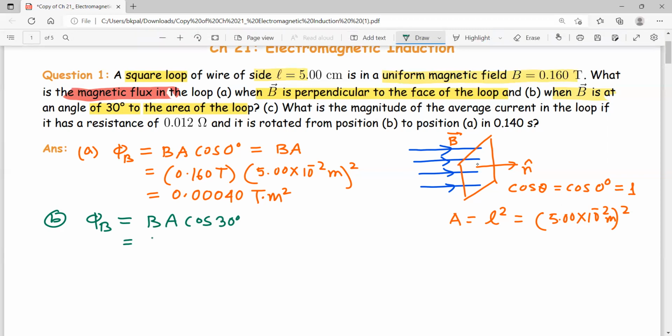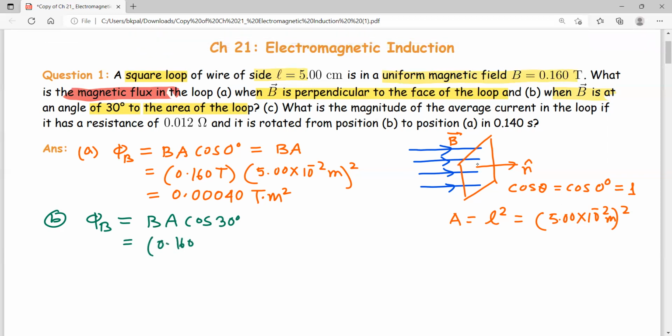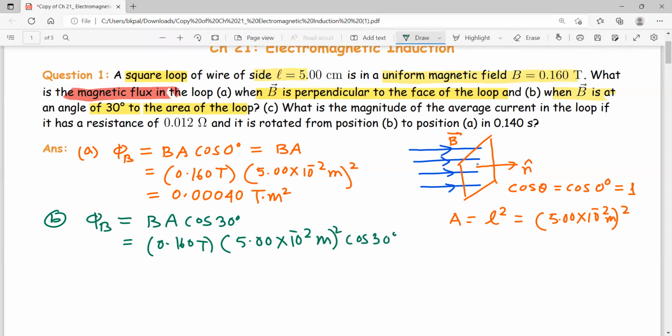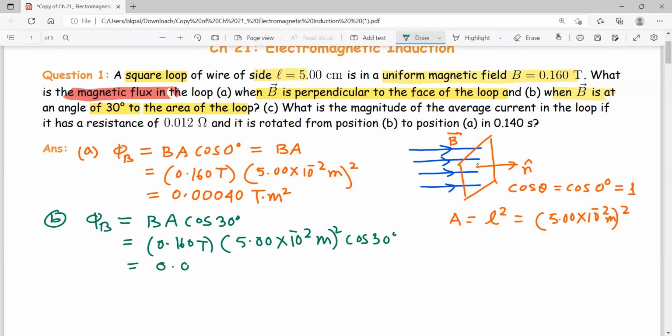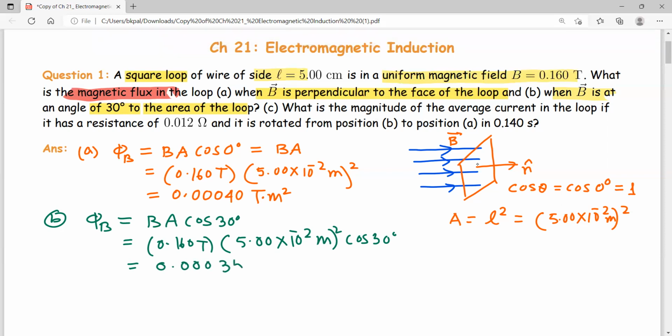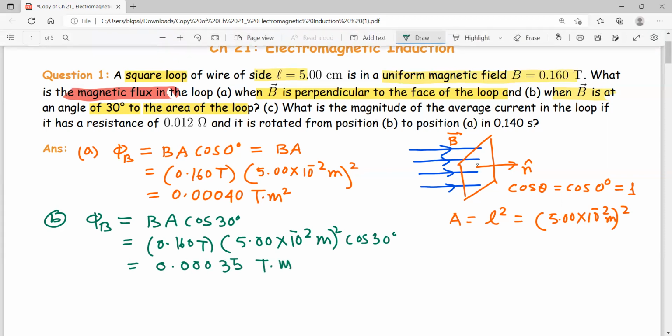Again B is 0.160 Tesla and A is the same. If you plug these values in your calculator, it gives 0.00035 Tesla meter square.